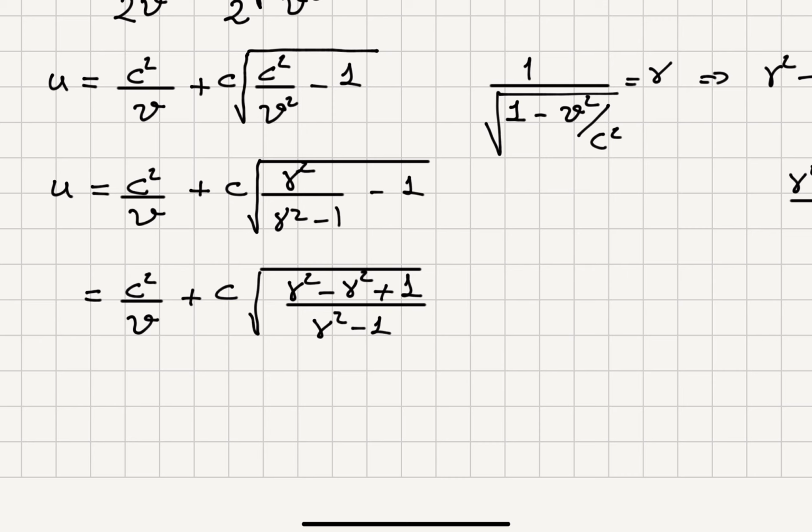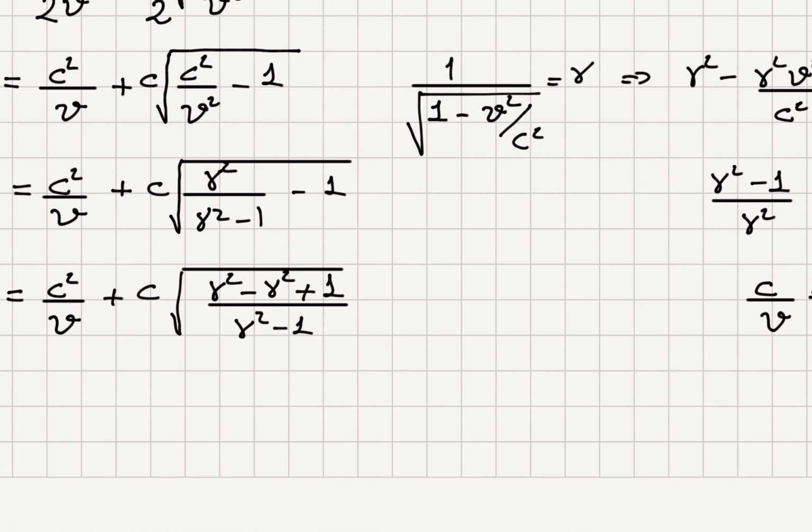And this is going to be c squared over v. Now you can see that these gamma squares will cancel, plus c divided by square root gamma squared minus 1.